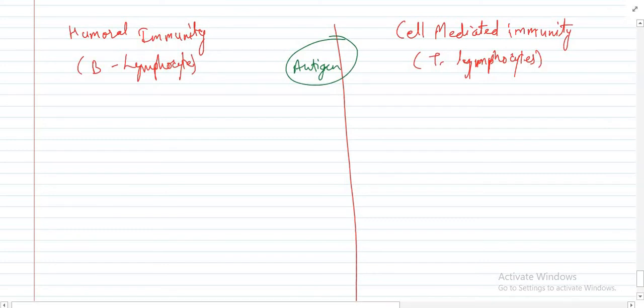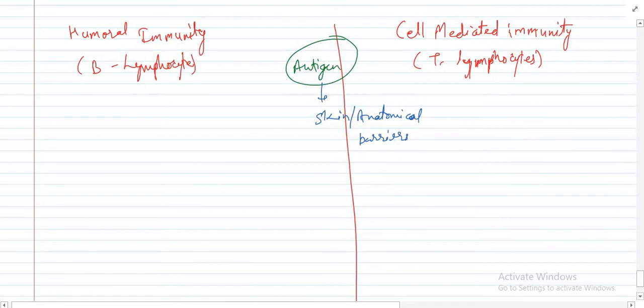Suppose the antigen entered, and it is processed by our skin or anatomical barriers.